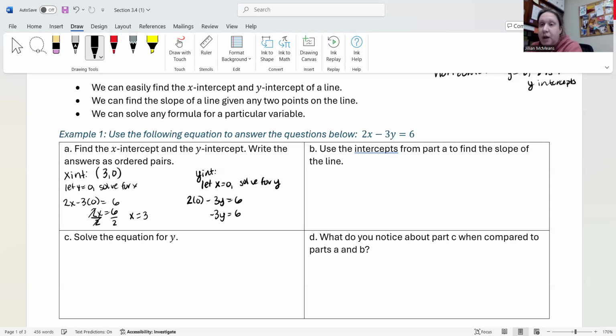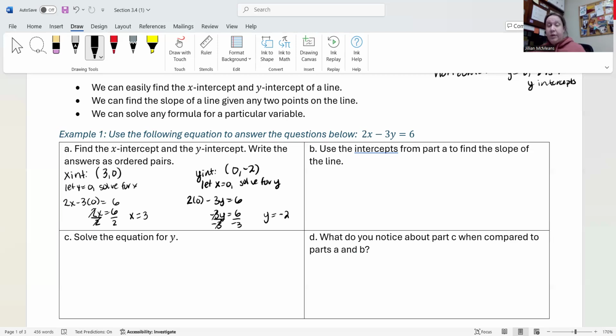That equals 6. We need to undo the multiplication of negative 3 and y, so I divide both sides of the equation by negative 3. On the left, negative 3 divided by negative 3 is 1, and 1 times y is y. And 6 divided by negative 3 is negative 2. So for the ordered pair for my y-intercept, we already let x equal 0, and then we found that y had to be negative 2.